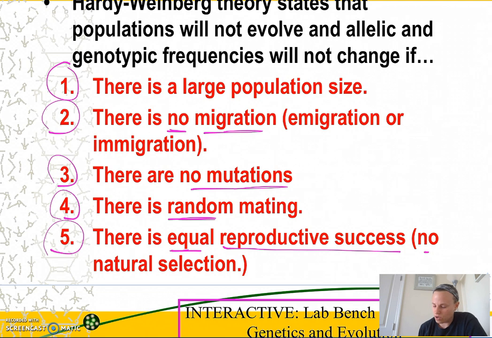In other words, there's no natural selection, that every single offspring has an equal chance of being successful.